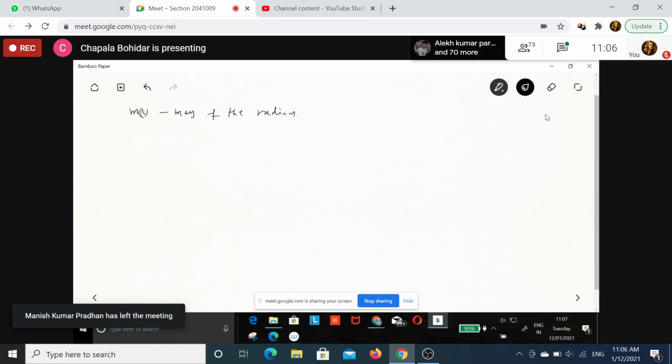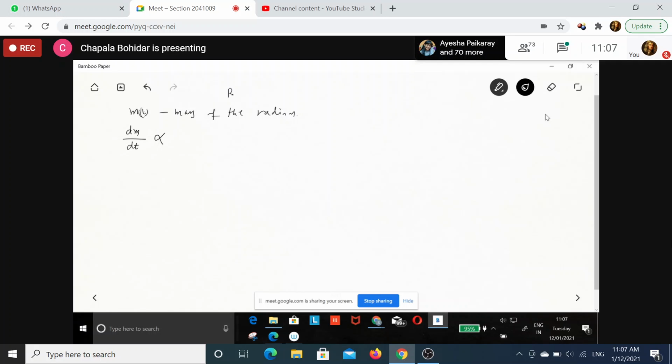The rate of change of the mass of this radium, dm by dt, is proportional to the... It is not a question number. I am just describing the radioactive decay. Then I'll proceed with your example first, then I'll do your one question, which is given to you as an assignment.